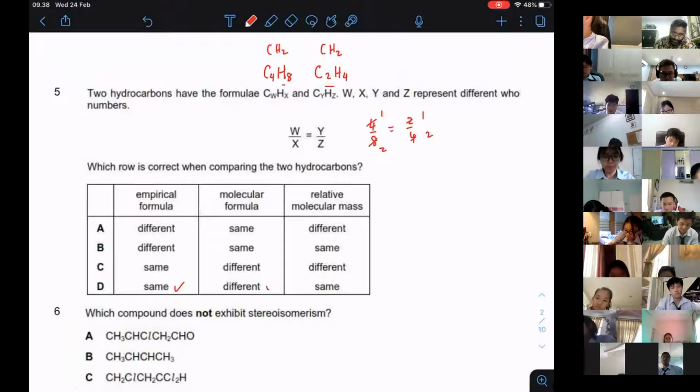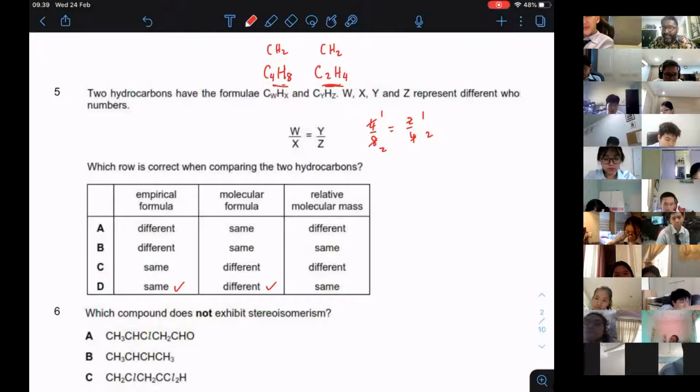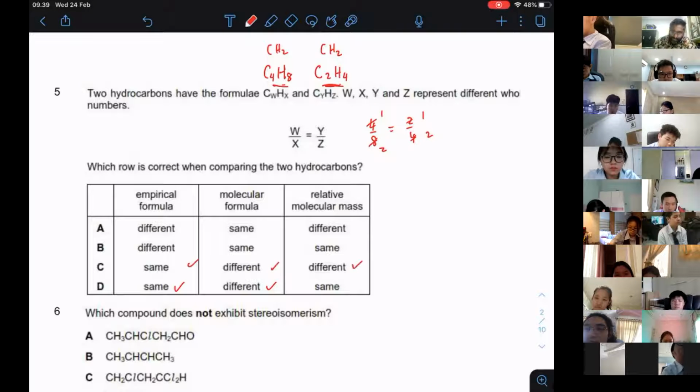If your molecular formulas are different, your relative molecular masses are going to be different. There's no doubt in it. You just need to use 12 for carbon and 1 for hydrogen, so you will get a different relative molecular mass. So the answer is going to be same, different, and then different.